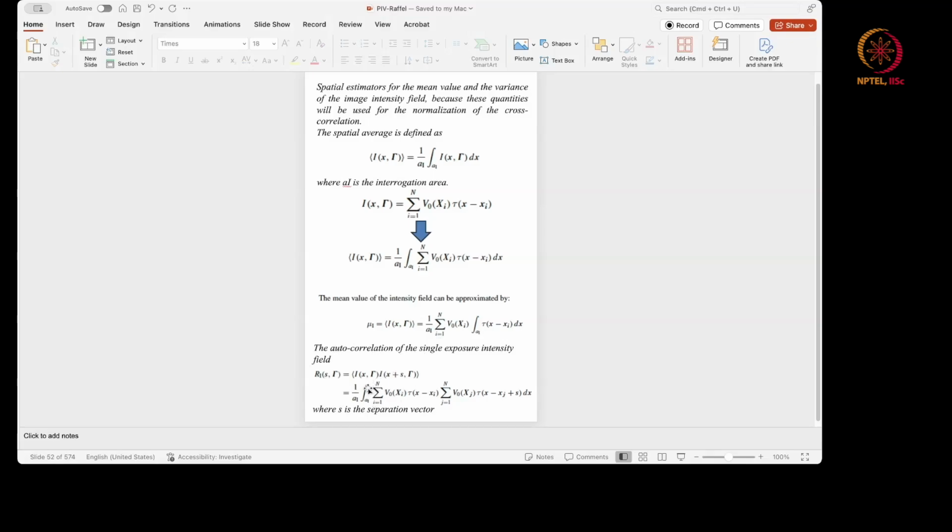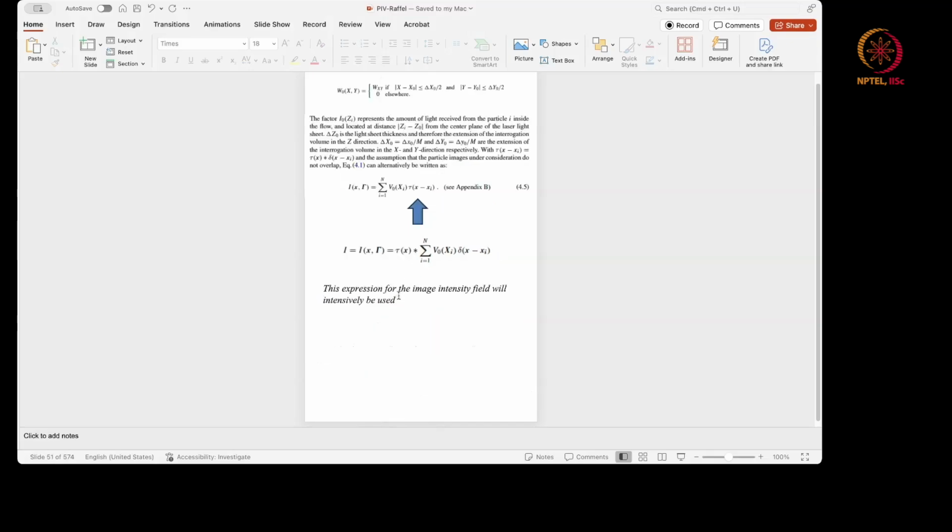If you multiply these two terms, this is the integral, which arises because of the bracket, which is the mean averaging. In this case one term is tau x minus xi, the other one is x minus xj plus a factor s, which is the separation vector. Here i runs from 1 to n, and j runs from 1 to n. So just remember, this is the mean value of the intensity field, and this is the autocorrelation of a single exposure intensity field.